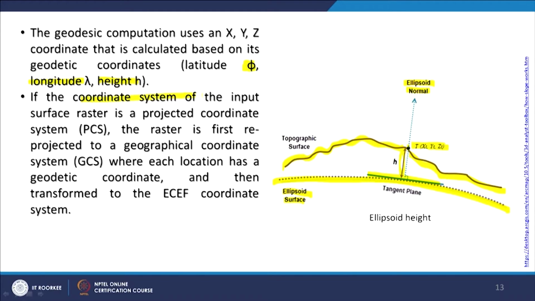If the coordinate system of the input surface raster is a projected coordinate system, the raster is first reprojected to a geographic coordinate system, that is GCS, where each location has a geodetic coordinate, and then transformed to the ECEF coordinate. A lot of calculations will be required to get a slope map through this geodetic computation. So if you choose this, obviously even on a small file it may take some time and it may require some extra inputs.